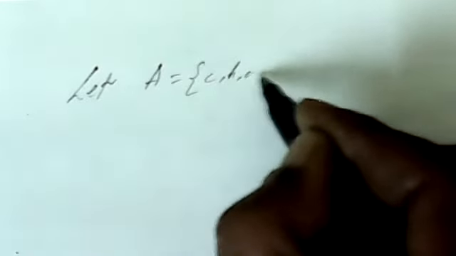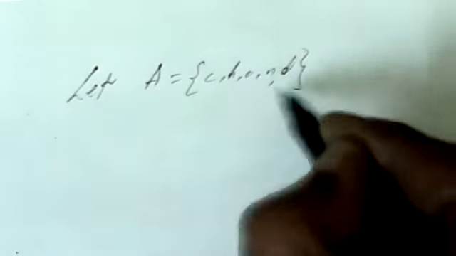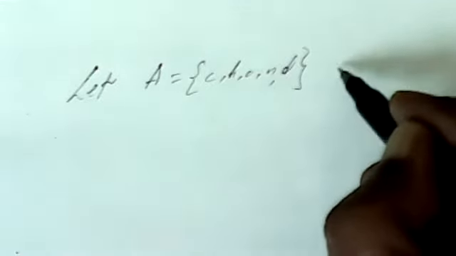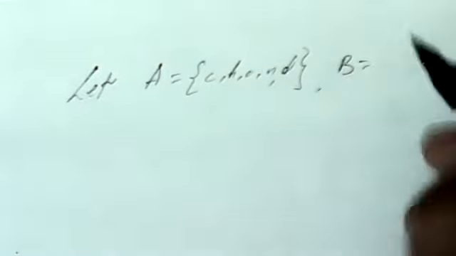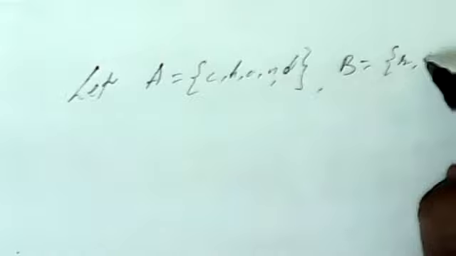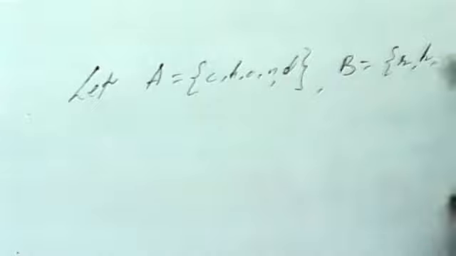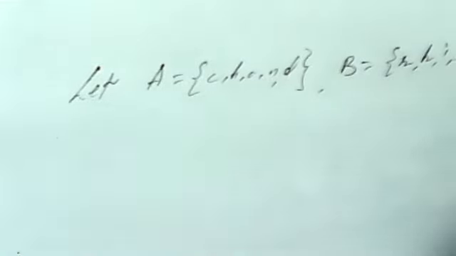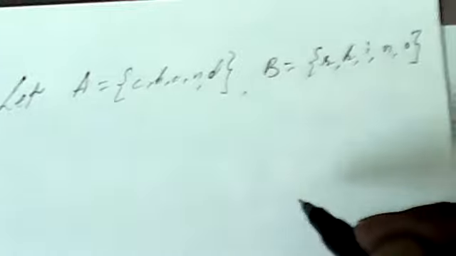So let us consider A equals C, H, A and D. B is equal to R, H, I, N, O.